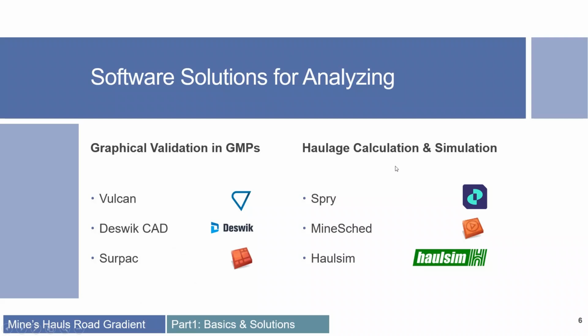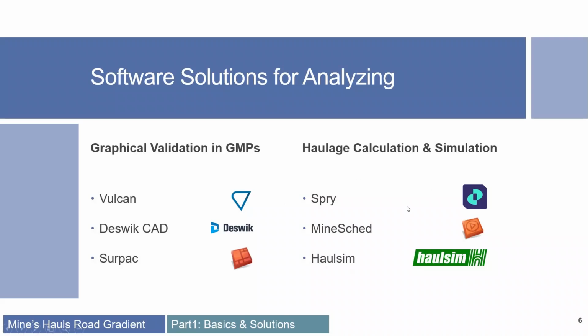In the second group, calculation and simulation solutions are grouped together, but I'd rather split the simulation solutions like this one, HaulSim by the RPM group, into a third category because they are really different in functionality and application.